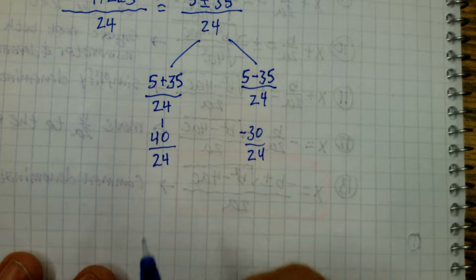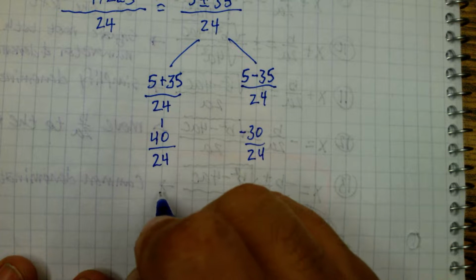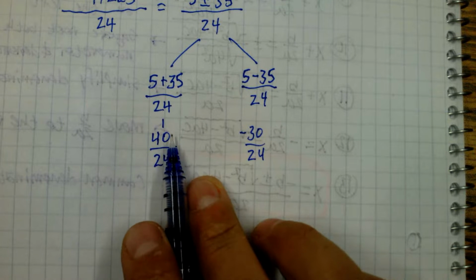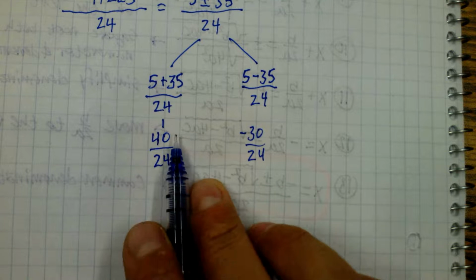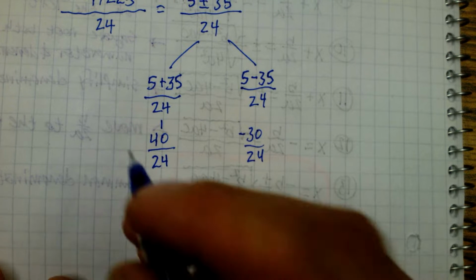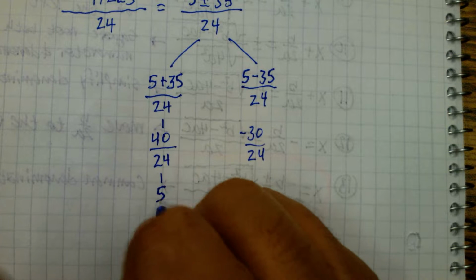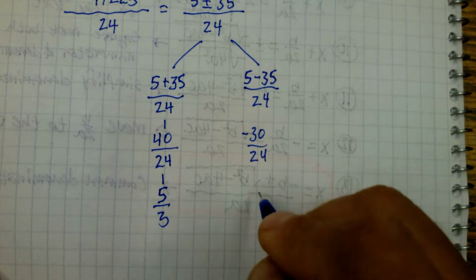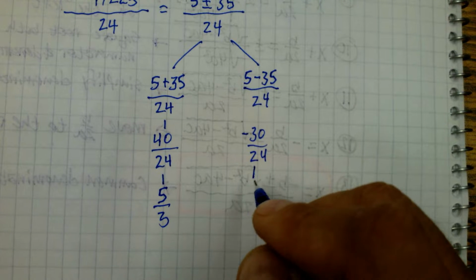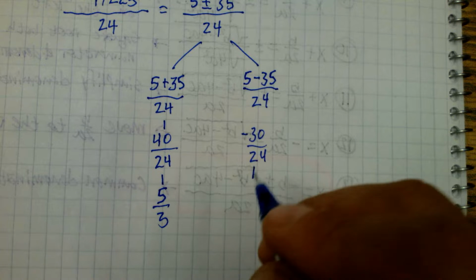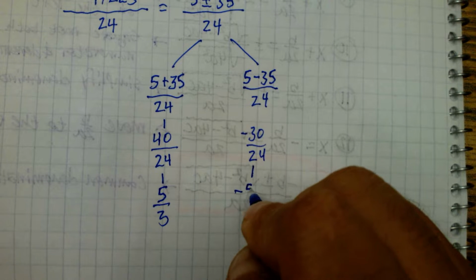So this would be 5 thirds, right? We can simplify that. So this becomes 5 thirds. But then you could simplify that to negative 5 fourths.